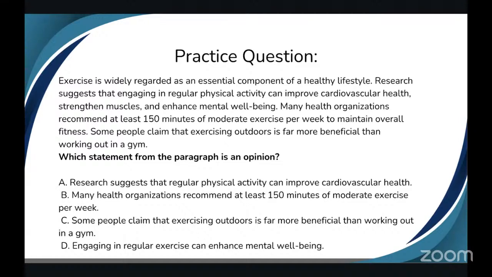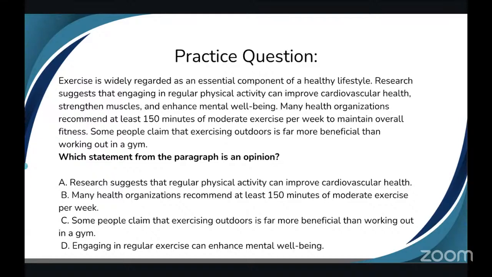Ready? And go. All right, there's our timer.